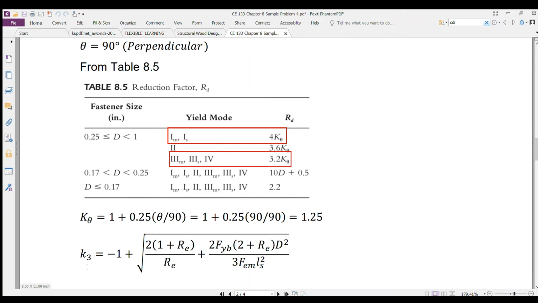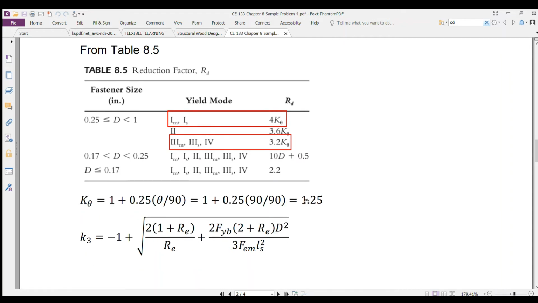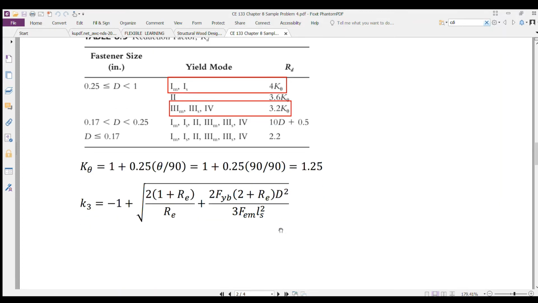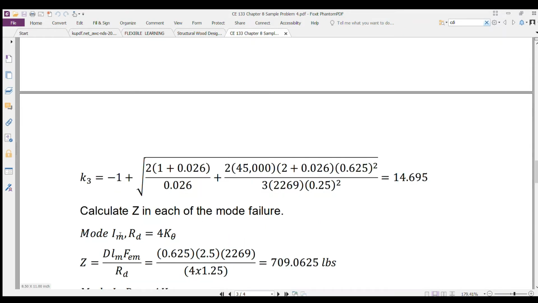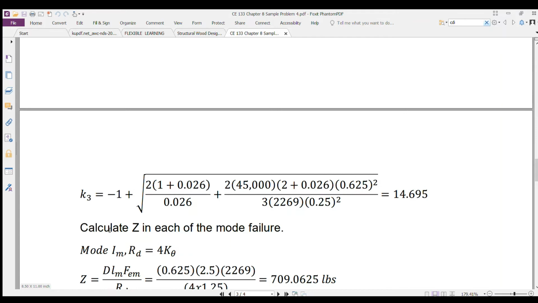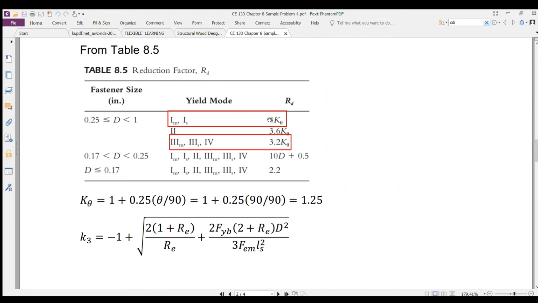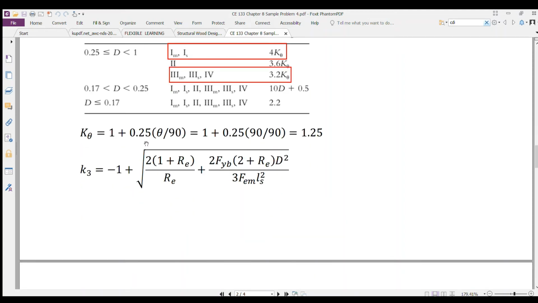K sub 3 will be determined by substituting the values of the variables, which will be equal to 40.695. Now, we need to determine the value of Z for each failure mode. So, for mode 1 sub M, as you can see here, the reduction factor R sub D is 4K theta. So, you have here the value of K theta.